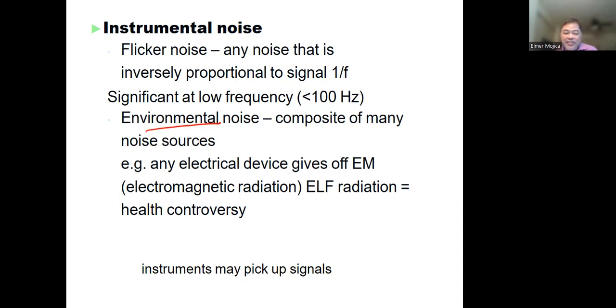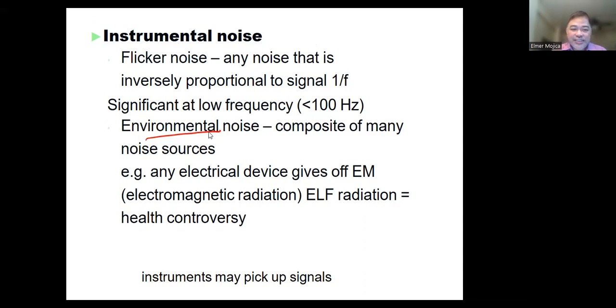That's the reason if you look at some of the labs, they have this so-called vibrating table. They don't want the table to be moving. Okay? That table is so heavy and expensive.